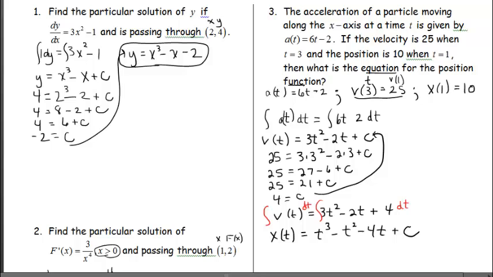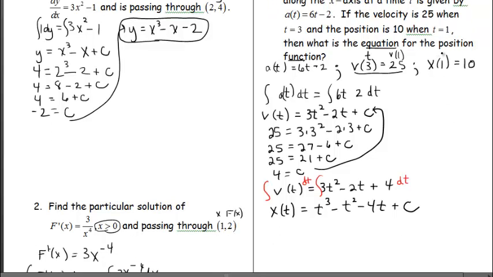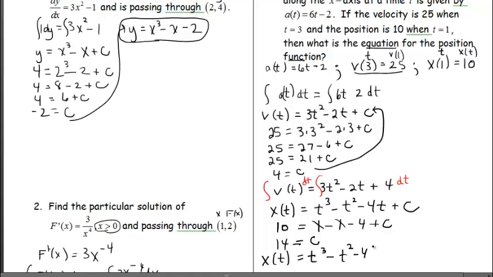All right, using our initial condition, so time and position. 10 equals, and we're going to have 1 minus 1 plus 4 plus c. So those will go away. I'm going to subtract 4 from the other side, so it looks like c is 6. Let's just go ahead and replace that value in for c. Okay. All right, so we've finished note card number 37.